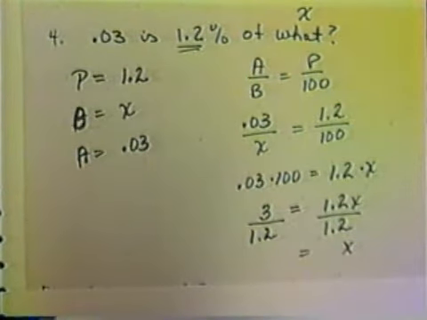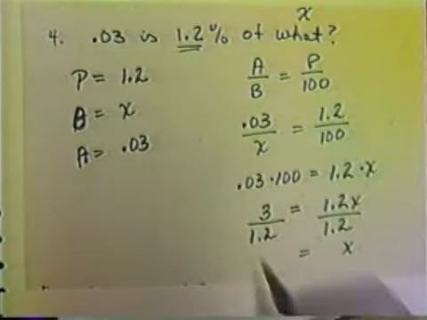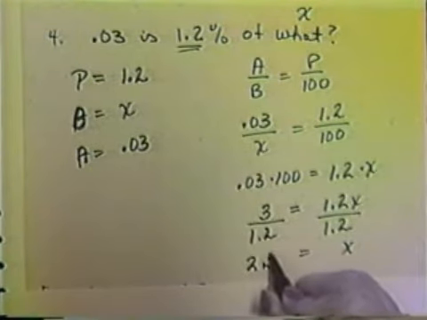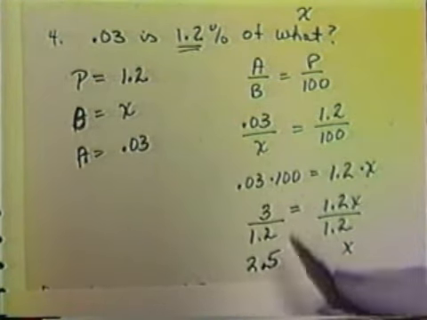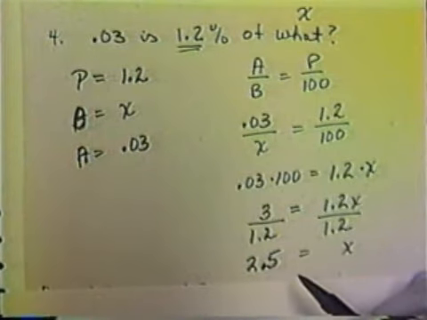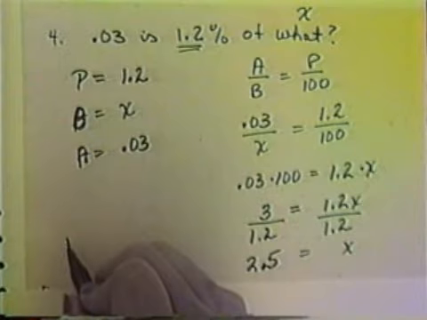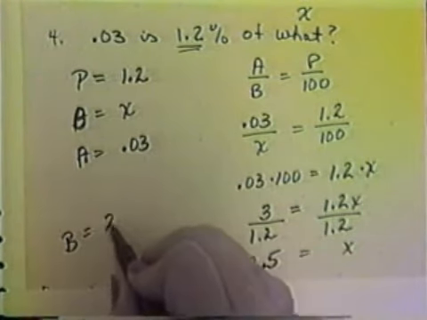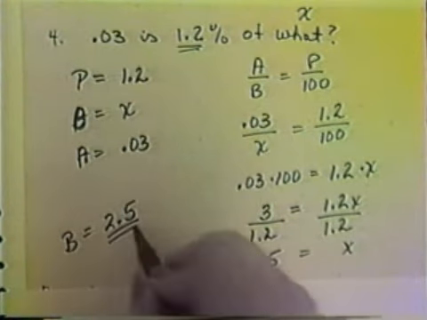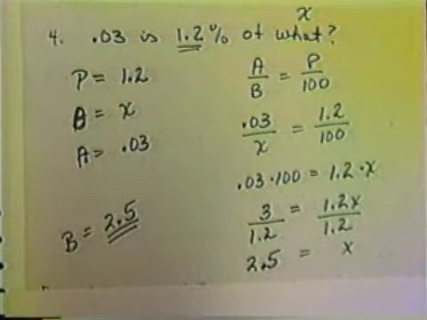And 3 divided by 1.2 is going to be 2.5. So that means the base must have been 2.5. That's what we were looking for. That was the unknown we were looking for.